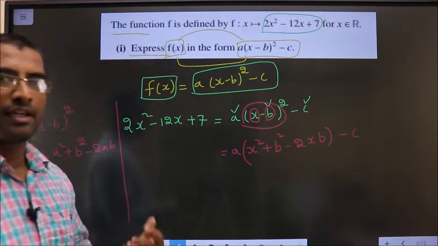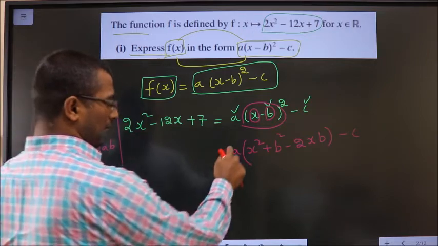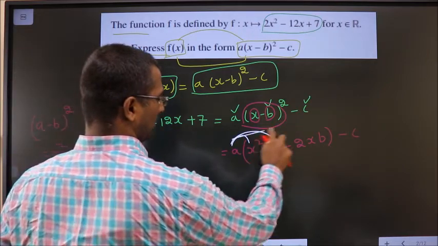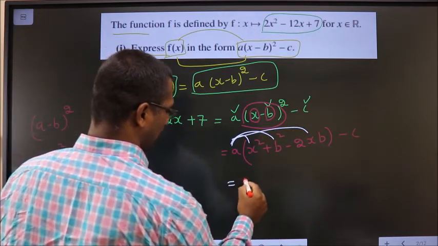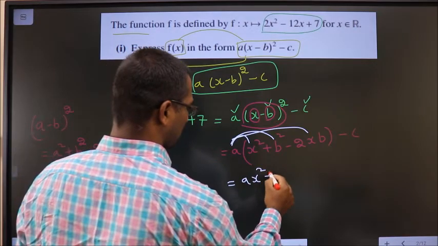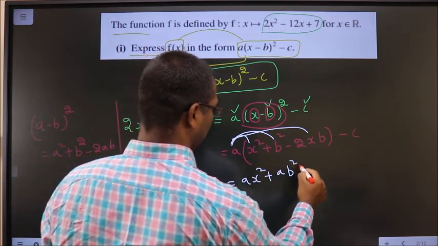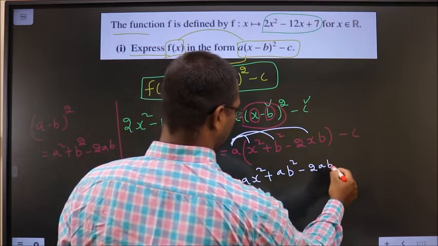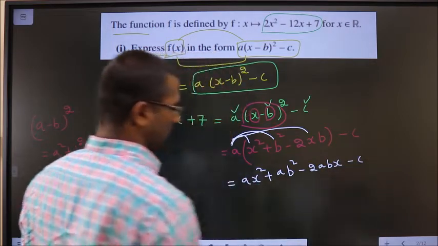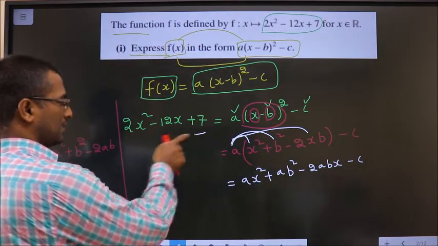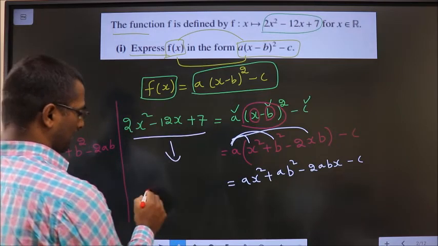Okay. Next step, multiply with a. So that will result in a x square plus a b square minus 2abx minus c. On this side, whatever you have, write it down.